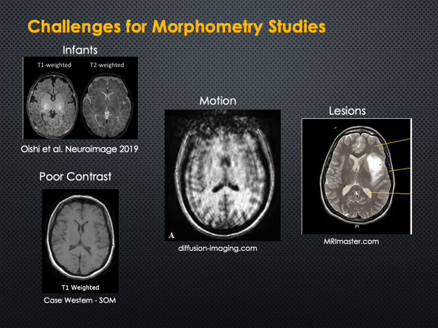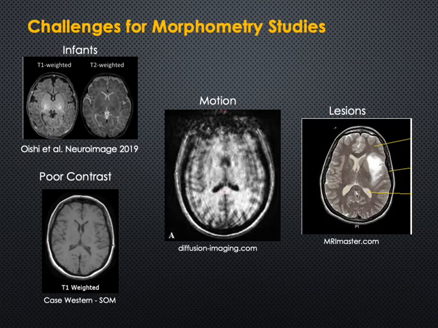Also, if the imaging parameters used for a study are suboptimal, you may not get very strong contrast between gray matter and white matter, which will limit the ability to segment imaging structures.